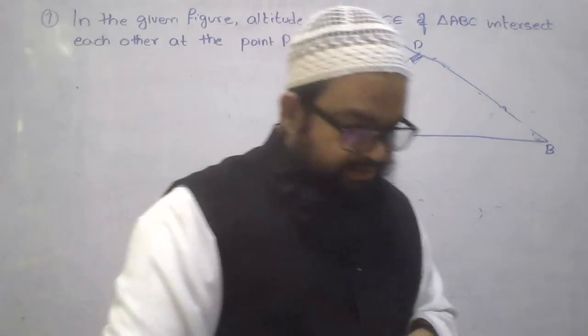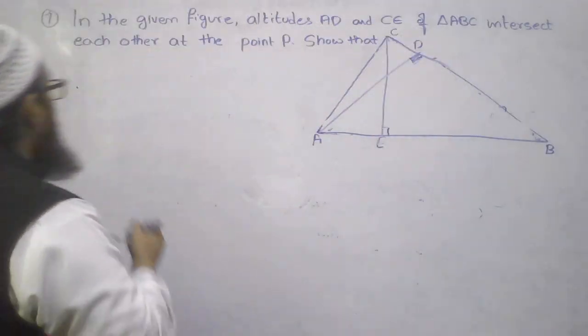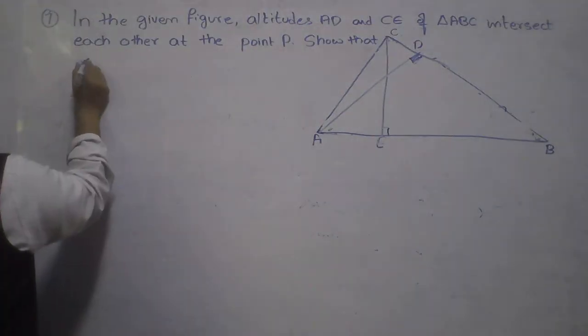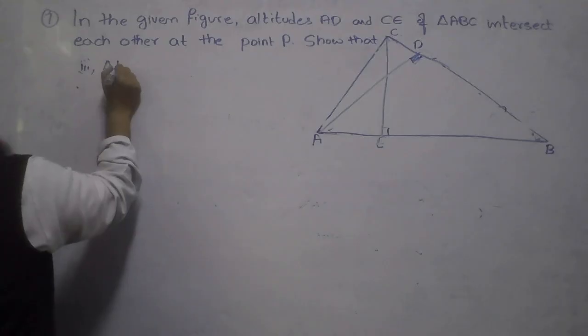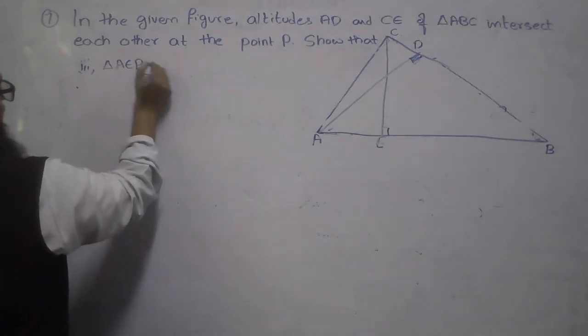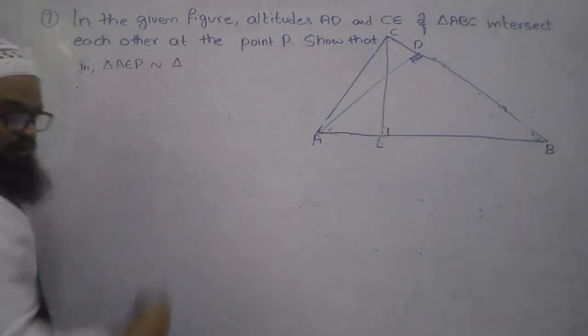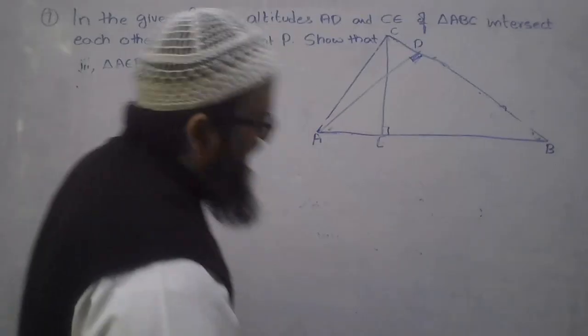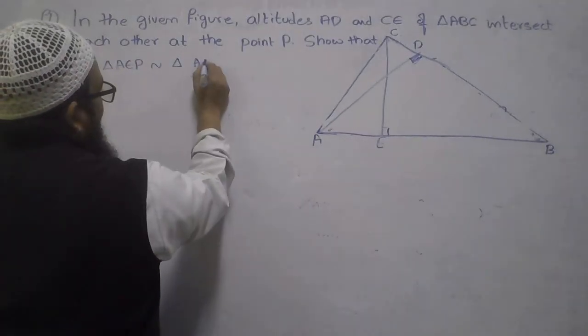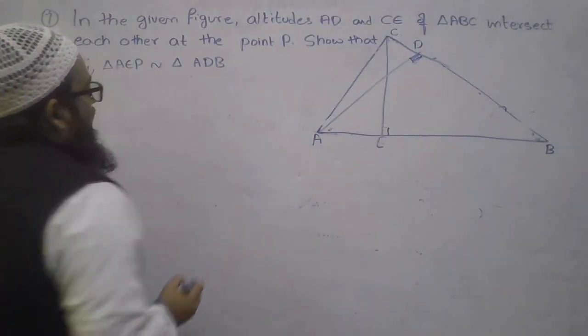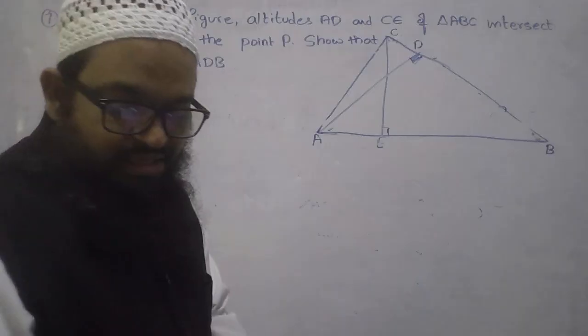Now, let us see the third one, AEP. Triangle AEP is similar to triangle ADB. Let us check first where is AEP.